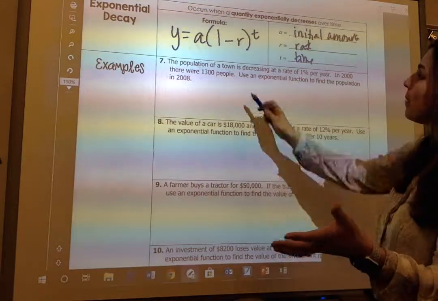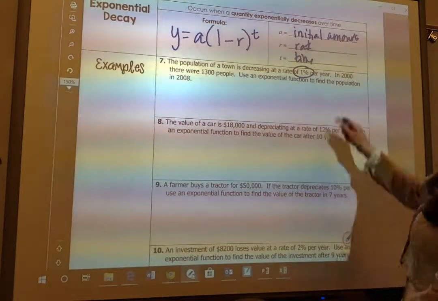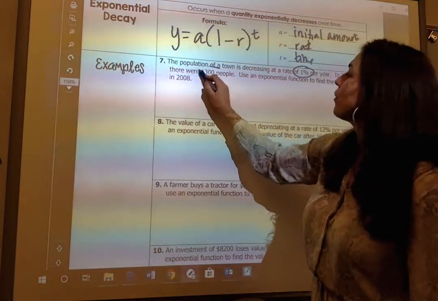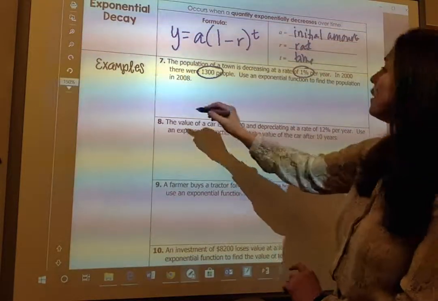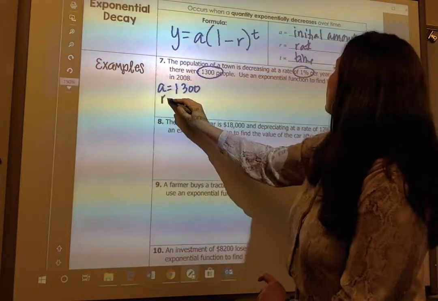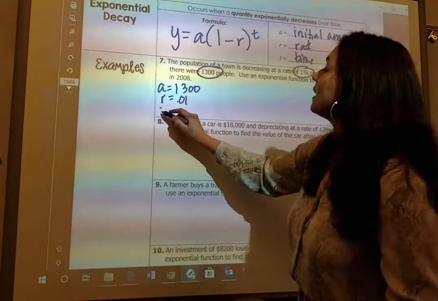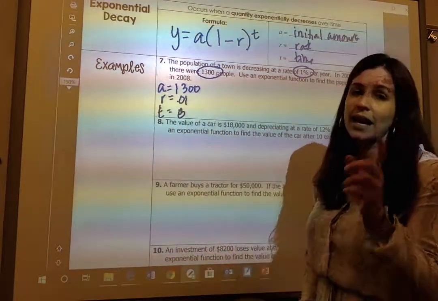So it said the population is decreasing at a rate of 1% per year. In 2000, there were 1,300 people. We want to find the population in 2008. So my initial amount in 2000 was 1,300. My rate is 0.01. And the time is 2000 to 2008, so that's 8 years.